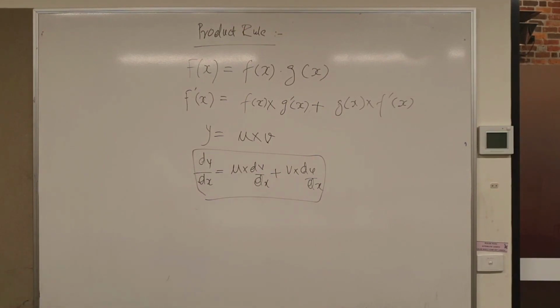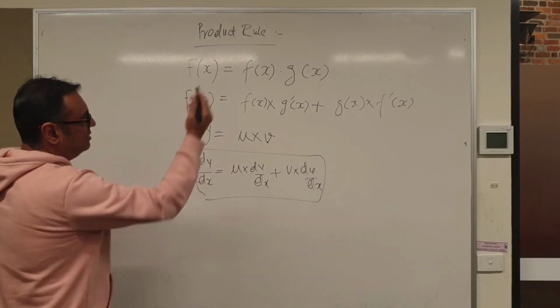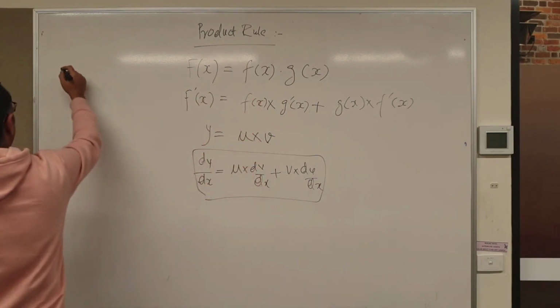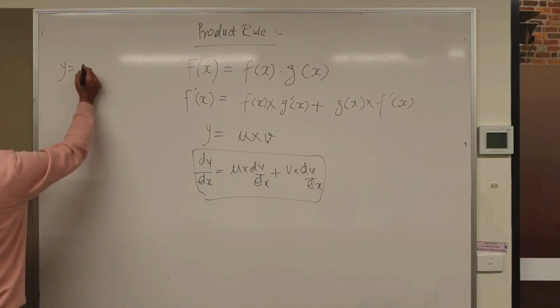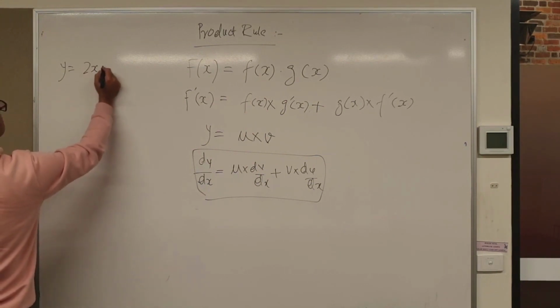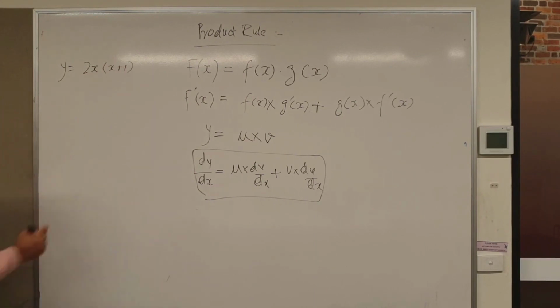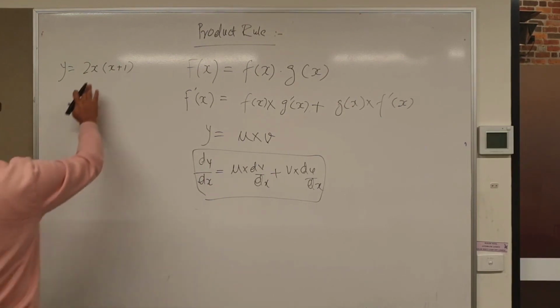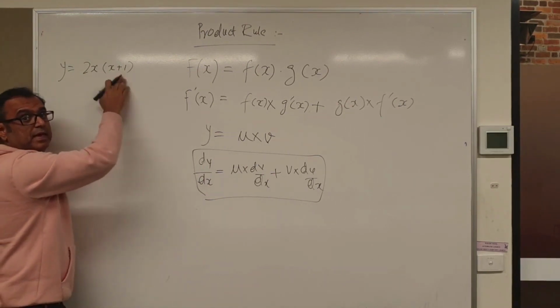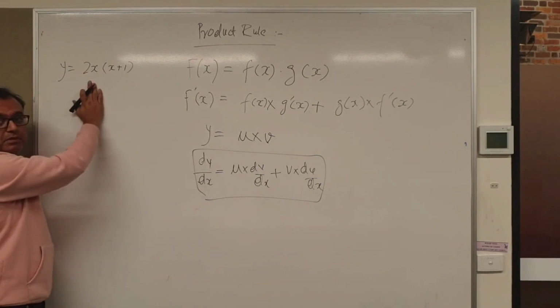In a very simplistic example, think of a function, let's say y equals 2x times (x plus 1). One way is to open the bracket up and differentiate individually, the easiest way, because this is very simple.